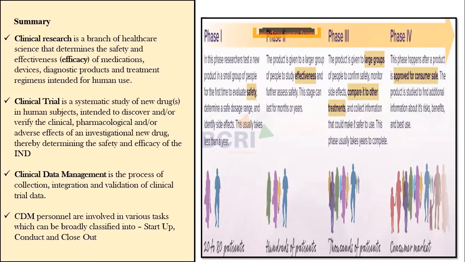The clinical data management becomes an integral part of that trial, which finally helps the sponsor companies to prove that a particular drug is safe to be used and effective to be used.